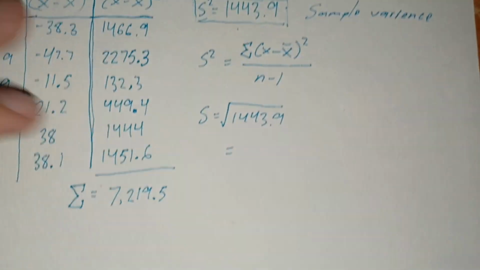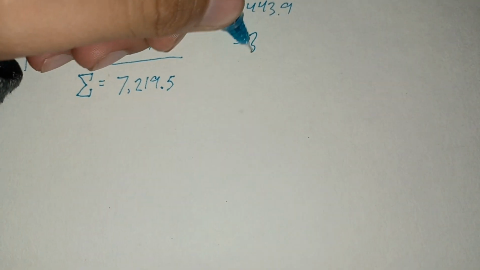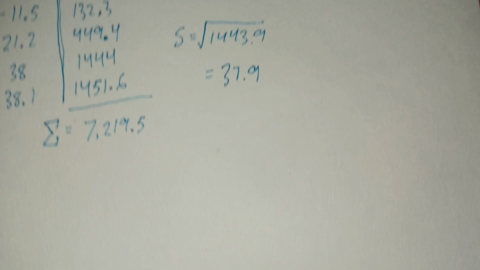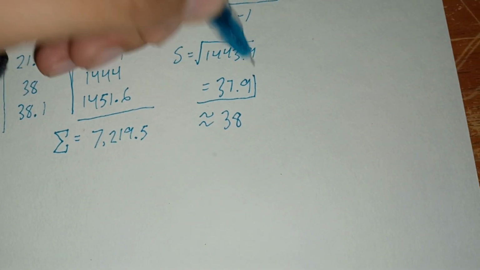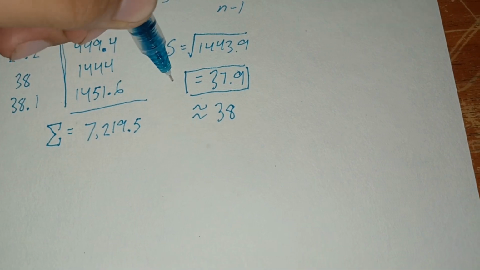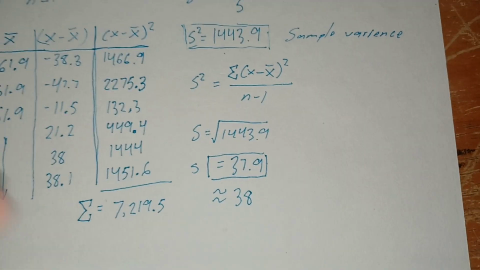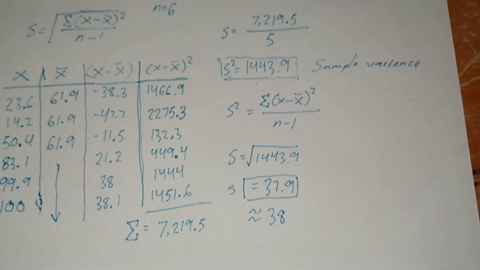We're rounding to 1 decimal place. We can round this up to roughly 38, but let's just go with 37.9. So your standard deviation is 37.9.